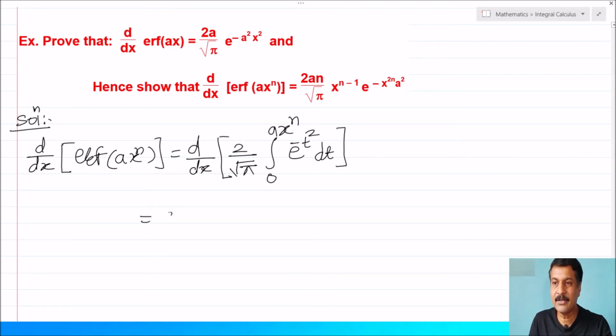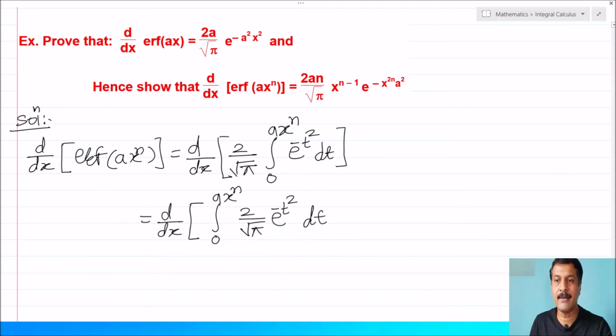So that is equal to d by dx of integration 0 to (ax) raised to n of 2 by root pi into e raised to minus t square dt. I am taking this constant term inside. So derivative and integration together.